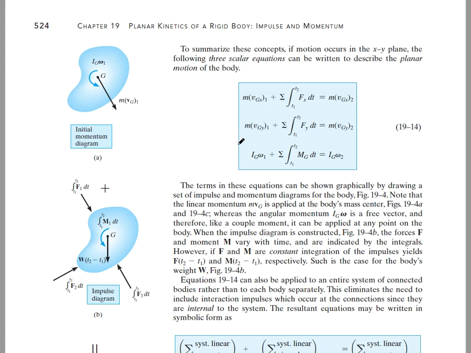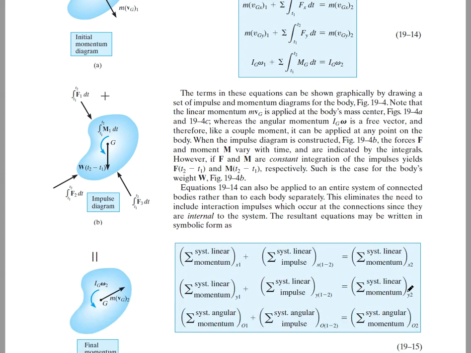So initial linear momentum along the y-axis plus the impulse of the forces in the y direction equals linear momentum along the y-axis at instant 2. And then for moments, initial angular momentum about the center of mass plus the impulse of the moment, this integral, equals final angular momentum of the body.